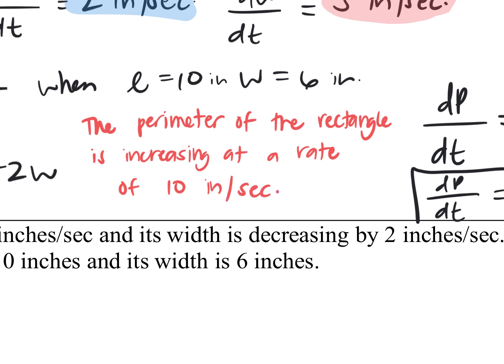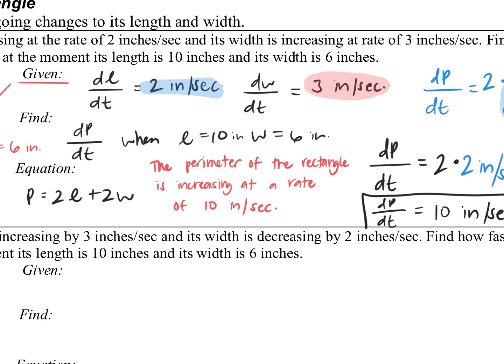Keywords being increasing and rate, okay? And then obviously also the units. Can't forget the units. Make sure the units make sense in terms of the problem. If we're looking at how our perimeter is changing at a rate, it's changing at a rate of 10 inches per second in this case.